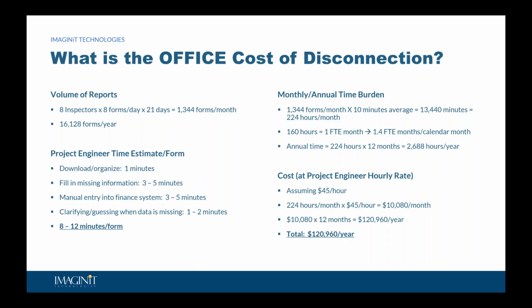I'm making some guesses here, but I'm thinking about 1 minute to download and organize each form. Maybe 3 to 5 minutes to fill in any missing information, like project numbers, line item codes, or associated costs. Maybe another 3 to 5 minutes to manually enter that data into their financial system.